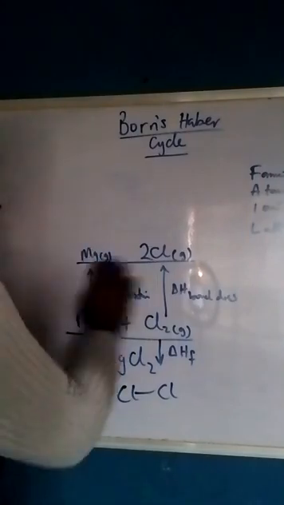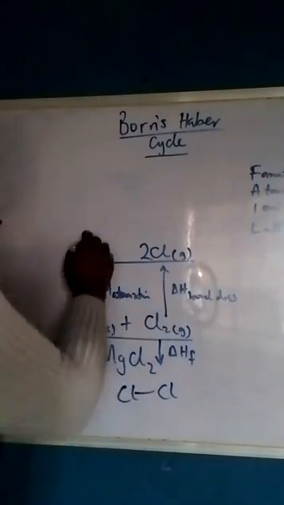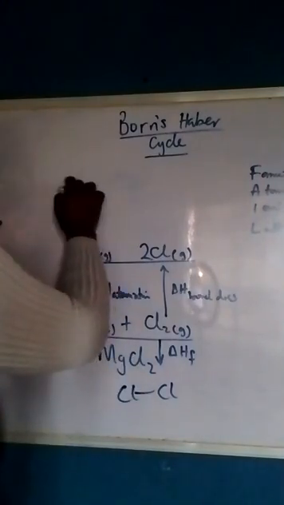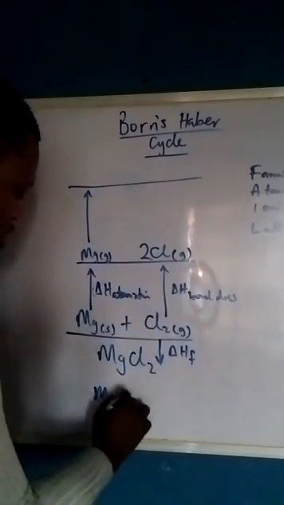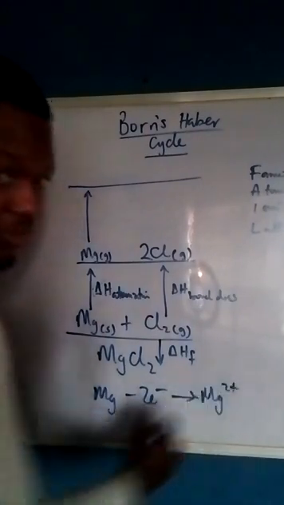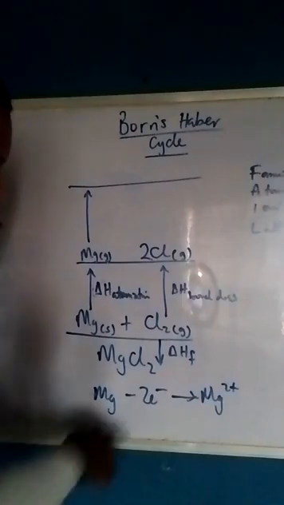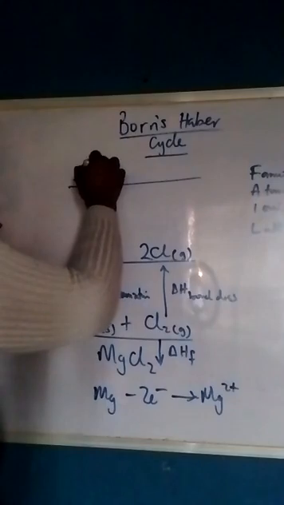That is, you're going to convert each of these atoms to an ion. The magnesium will lose 2 electrons to become magnesium 2 plus.